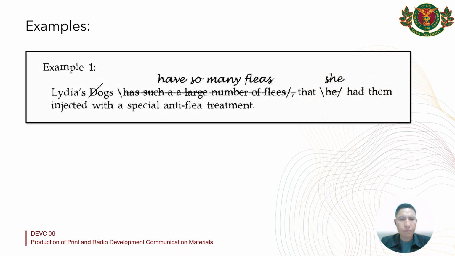Example number one, the corrections of this sentence: we put a mark on the word dog to use a lowercase for letter D. We deleted the phrase "has such a large number of fleas" and put the correct spelling on that phrase. Then lastly, we cross out or delete "he" and use the appropriate pronoun.